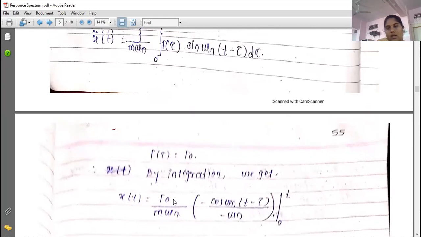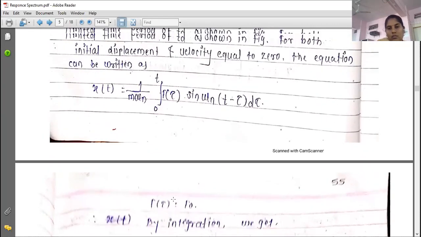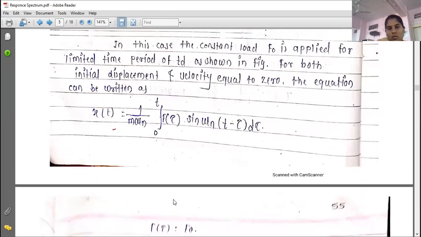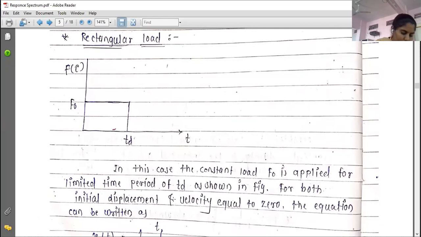Now we'll move towards the next loading condition, the rectangular force. Write down below this: rectangular load. Draw the diagram.